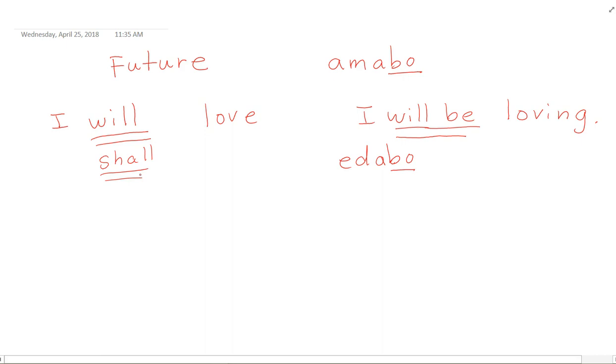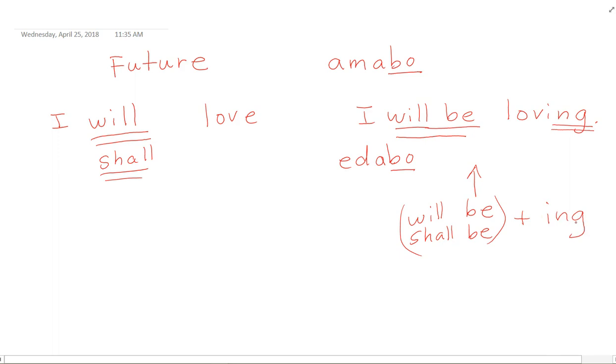And the future progressive form uses the participle ing there. So this is the progressive form with ing and a being verb. I will be, I shall be, and an ing onto the verb for progressive.